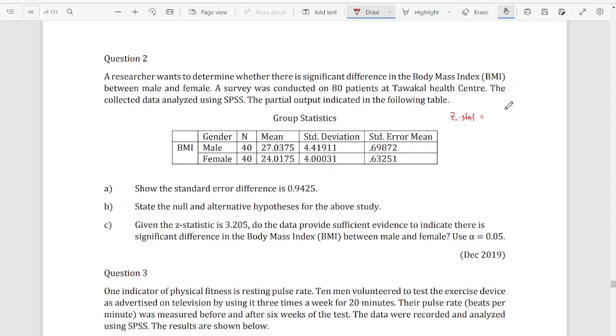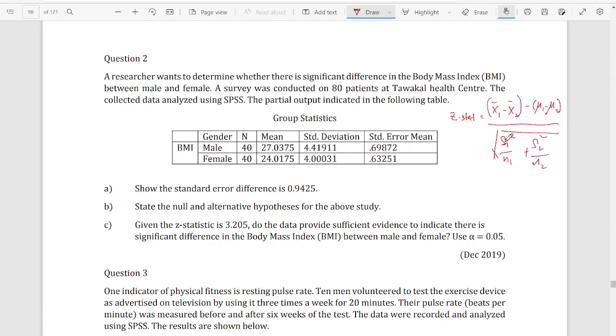And to calculate the Z stat, it is given by X bar 1 minus X bar 2, and then minus mu1 minus mu2. So kita dekat belakang tu kita assume to be 0 lah. And then divide by the square root of S1 squared divided by N1 plus S2 squared divided by N2.